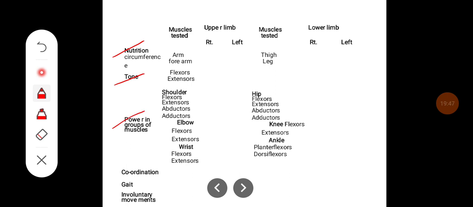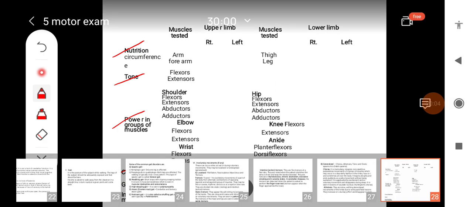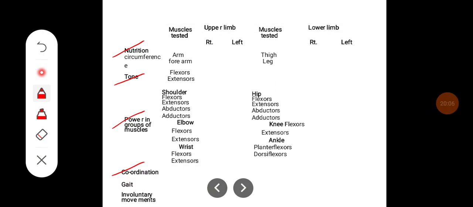Then you have to see the power of the groups of muscles, and which group they belong to, normally grade 5. Then you have to look for the coordination in both upper limbs as well as lower limbs. Then you have to mention what type of gait, whether it is normal or abnormal, and then you have to mention the involuntary movements, if any.